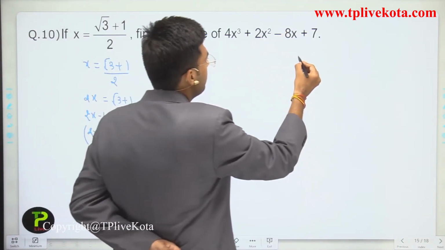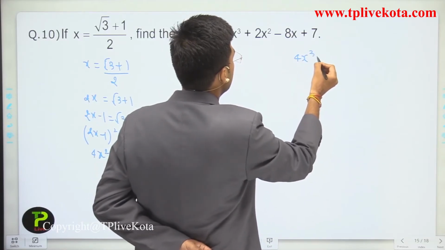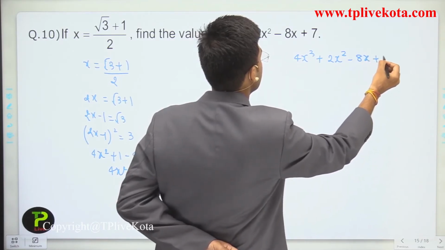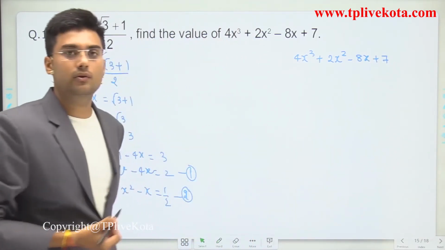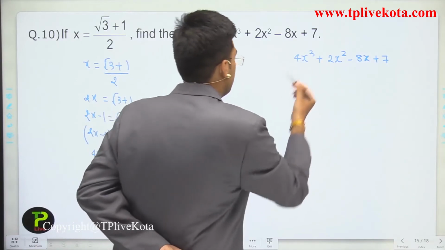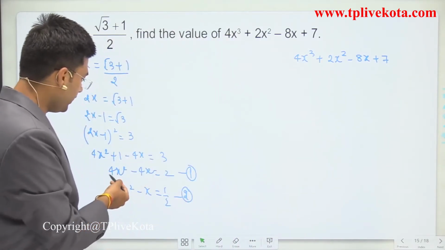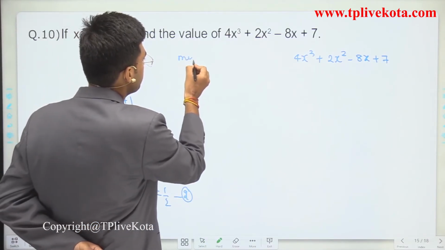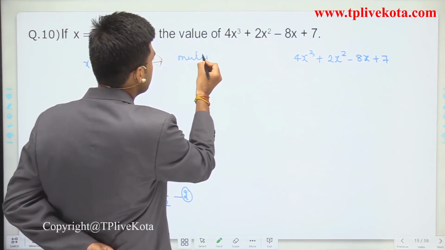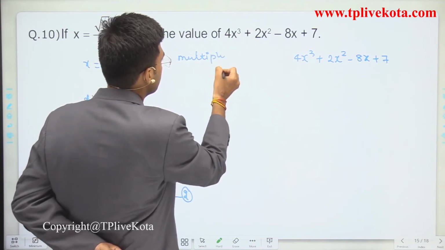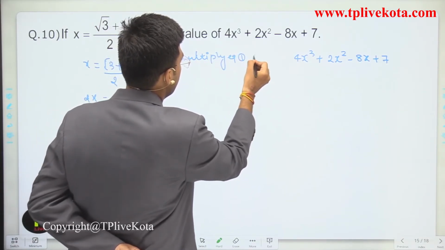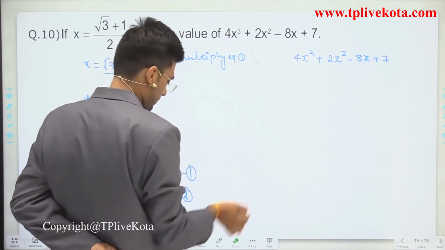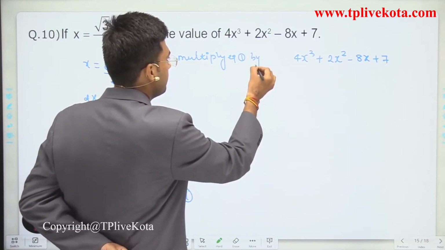Now we have to find the value of 4x cube plus 2x square minus 8x plus 7. Okay. Now in equation 1, we have 4x square minus 4x minus 2 equal to 0. Let us multiply equation 1 by x.